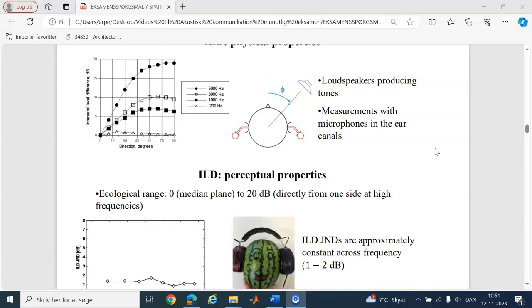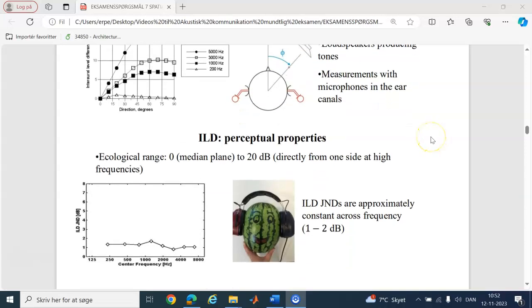At low frequencies there are long wavelengths and big diffraction, so the level difference is smaller. If the sound source is frontal, there's no difference in the two ears.